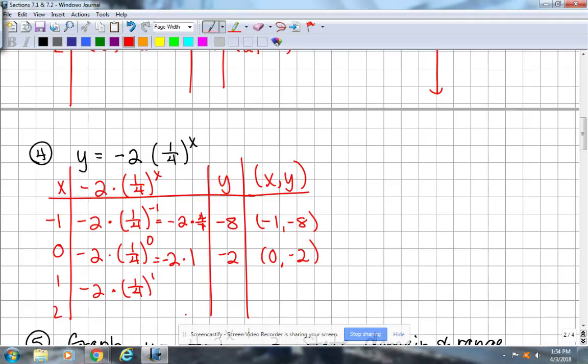What's a 4th to the first power? 1/4. So negative 2 times 1/4 is negative 2 over 1 times 1/4. Multiply across. I get negative 2 over 4, which reduces to what? Negative 1/2.